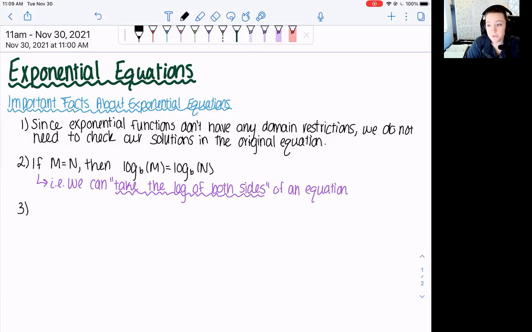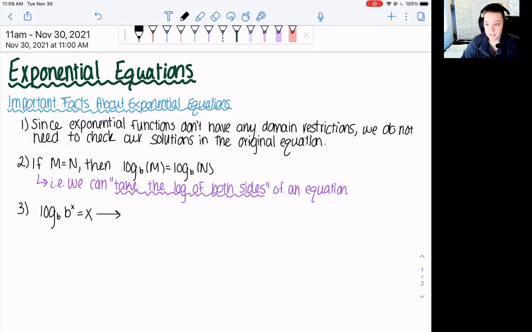Three. These are two rules you already know because we talked about them when we talked about the properties of logarithms, but I'm going to bring them back quickly so that we remember them. So first things first, if you have log base b of b raised to the x, the log base b of b cancels and you just get x. All right.